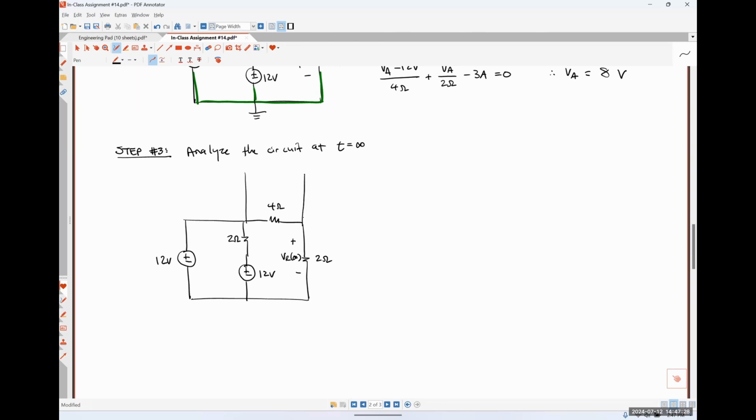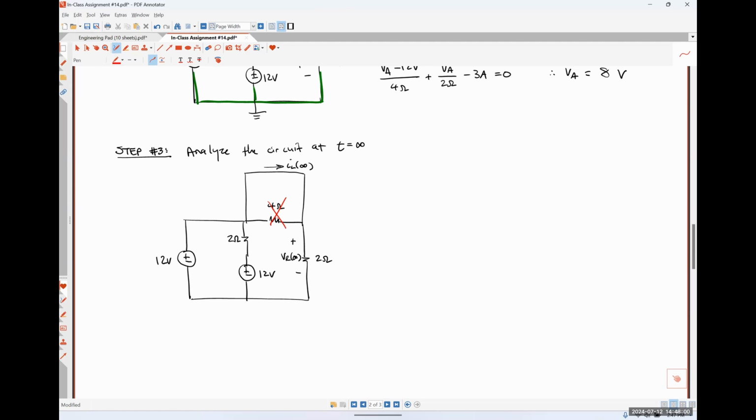What should my inductor look like at t is equal to infinity? Piece of wire again. Exactly right, Joey. Thank you. And here is our current IL at infinity. So once again, our 4-ohm resistor is shorted out, so we can just ignore it.